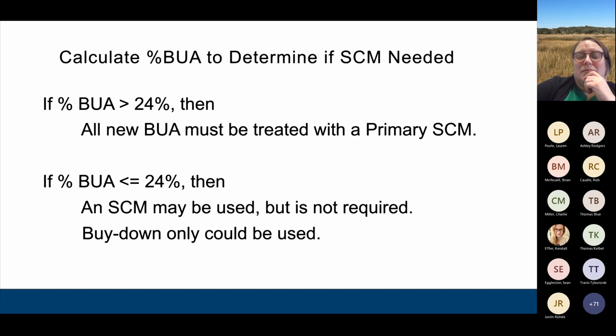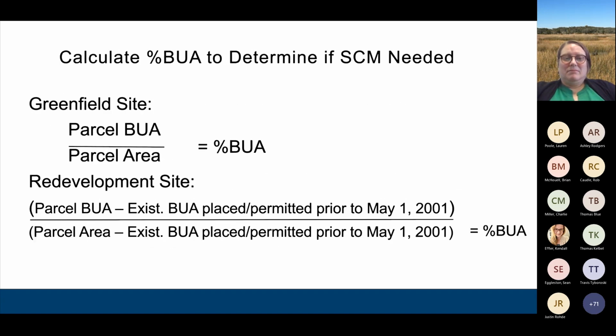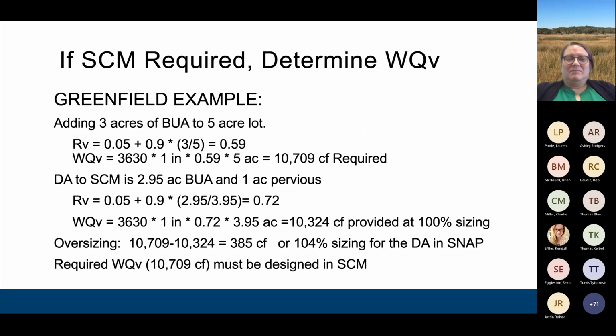Can you go back to your example, Sally, you have for the sizing for water quality volume? There was a question about that. The question is, in the example, there's 1 acre not draining to the SCM, which seems more than the 5% allowable. You'll notice in this case that the state's rule is that 100% of your new built upon area, so your new BUA, must go to that.